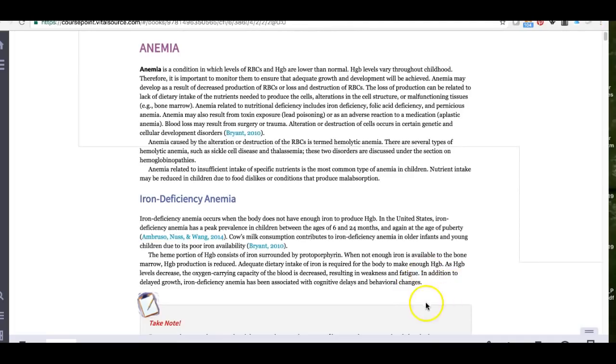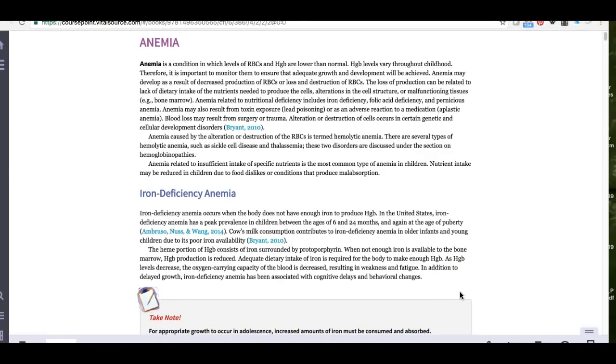All right, so let's talk about iron deficiency anemia and sickle cell anemia. Iron deficiency anemia just happens when the body doesn't have enough iron to produce hemoglobin. So you're going to see fatigue, you're going to see weakness, you're going to see pale skin. Those are the things that you see with anemia.